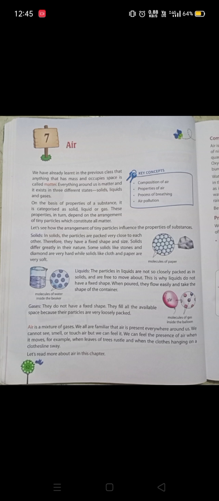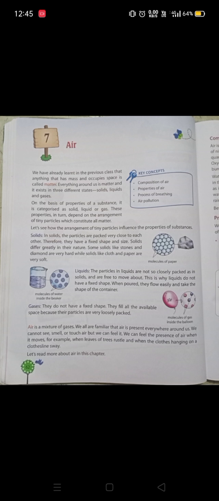So what are these tiny particles? We are going to study about them. Let's see how the arrangement of tiny particles influences the properties of substances. You cannot see those tiny particles that influence the properties of substances.